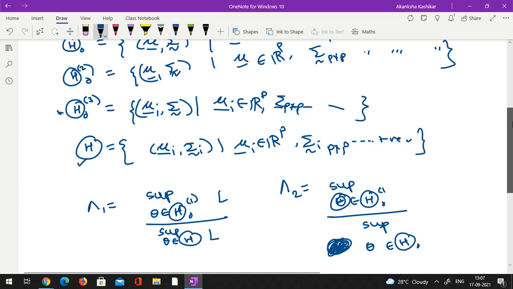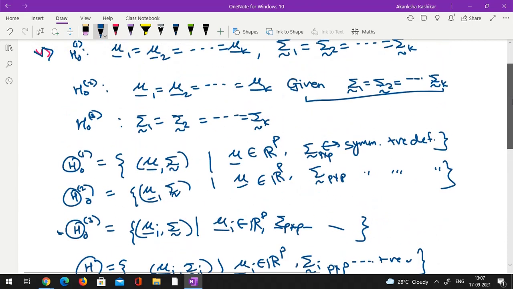Correct, because mu's can be different. In the overall parameter space, mu's can be different, but sigma has to be common. Okay, this is the test for the second hypothesis.